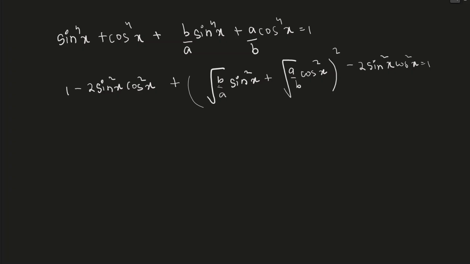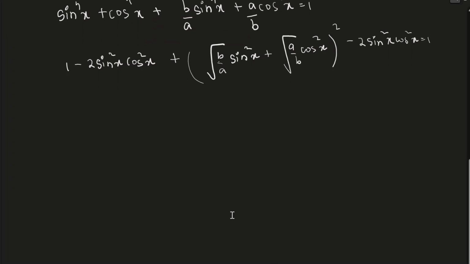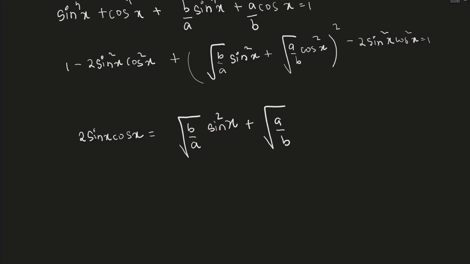So we can cancel 1 on both sides and after taking the square roots on both the sides, we'll be left with 2 sine x cos x is equal to root of b by a sine square x plus root of a by b cos square x.